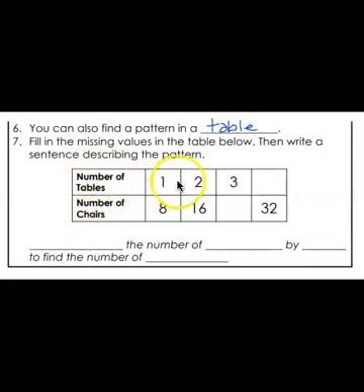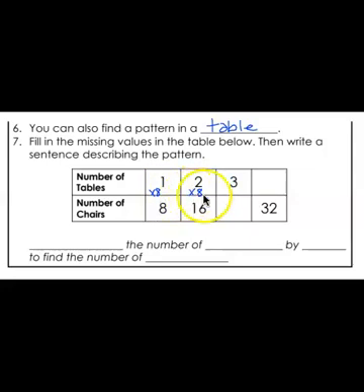If plus 7 didn't work, what's another way we can get from 1 to 8? Well, we could multiply. If we multiplied 1 by 8, that would give me 8. If I multiplied 2 by 8, that would give me 16. By the way, your next mystery letter is T. Let's see. These two work.